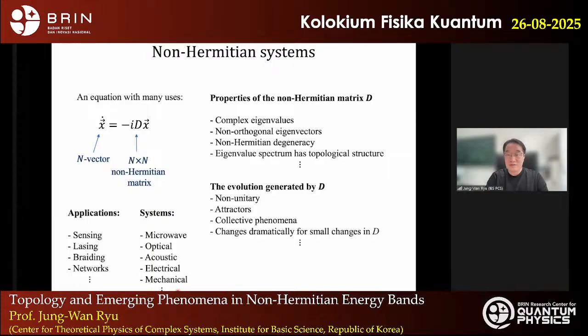I don't talk about the many details in the different systems. My main focus is the topological property of the non-Hermitian system in the simple tight binding model. And if we understand the topological property of the non-Hermitian bands, we can apply our theory to many different systems in experimental or other theoretical work.